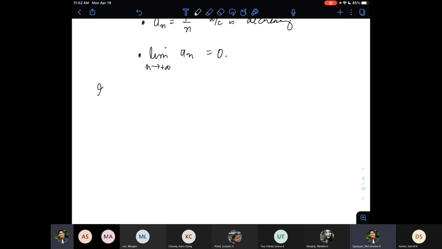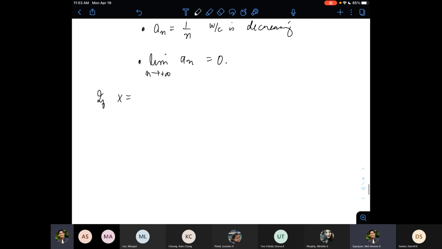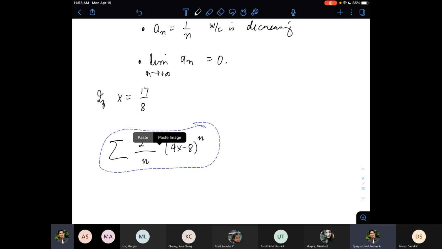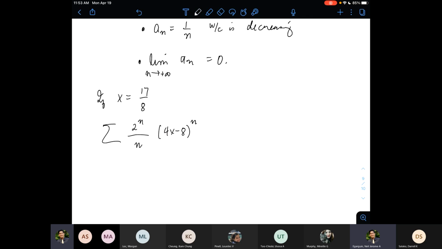On the other hand, if x is equal to, what was the other endpoint? 17 over 8. If you plug in 17 over 8 for x, we'll have 4 times 17 over 8. So we'll have the sum of 2 to the power n over n times this, which would be 17 over 2 minus 8.